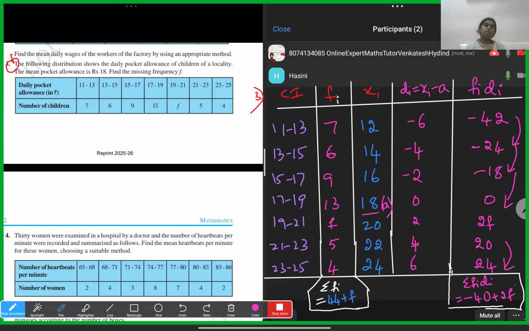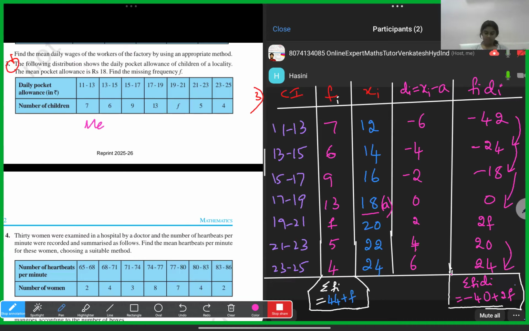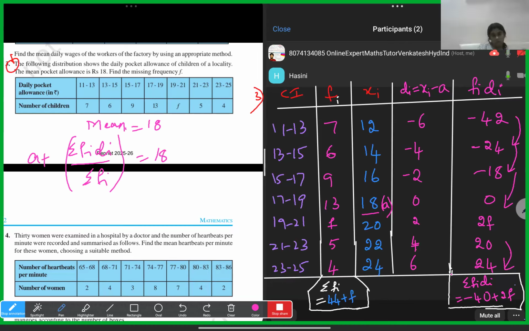Mean is given as 18, Hasni. So the mean formula is a plus sigma fi di by sigma fi. Yes or no? Yes, sir. A plus sigma fi di by sigma fi is equal to 18.